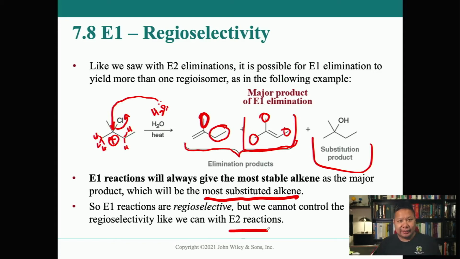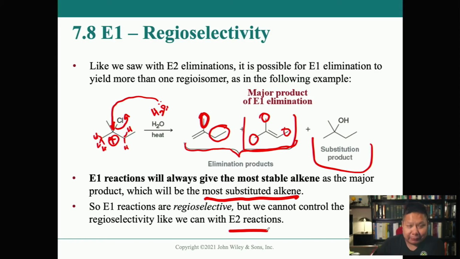It's kind of like when we were doing the thing with the bulky bases and the streamlined bases, and we could pick which one we wanted to do. So on an E2 reaction, you can actually pick which one, depending on whether the base was bulky or streamlined.